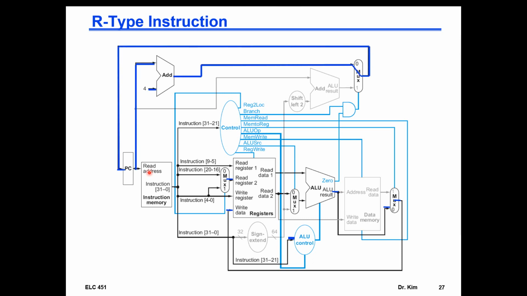And this is a pictorial view of that. So we get the instruction. When the clock comes, remember that the next instruction is sitting over here, generated by just adding 4 to the program counter.